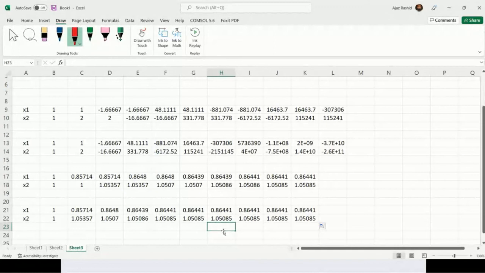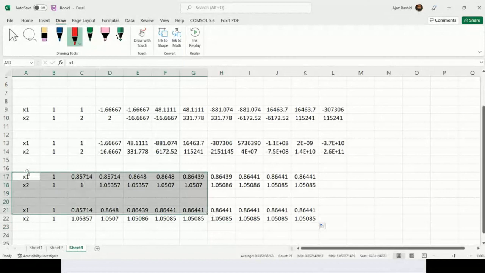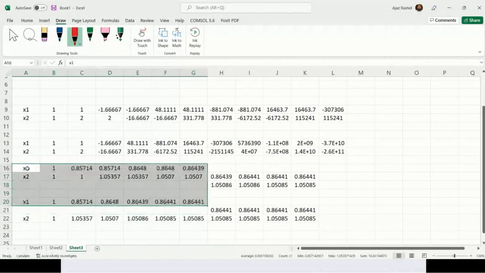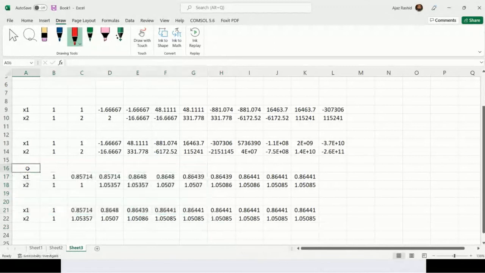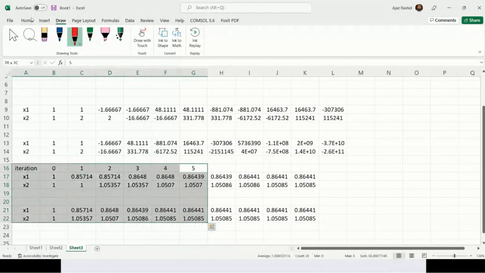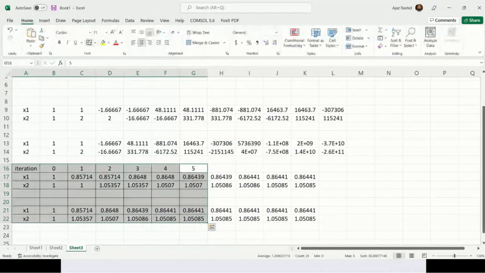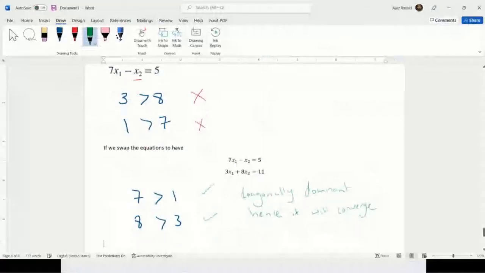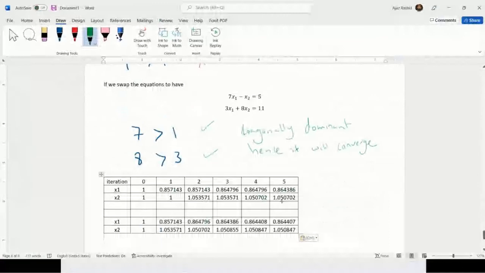So you always make sure that you have this criterion satisfied. So I'll just take the 5 iterations, I'll put them there. So this is the Jacobi iteration.